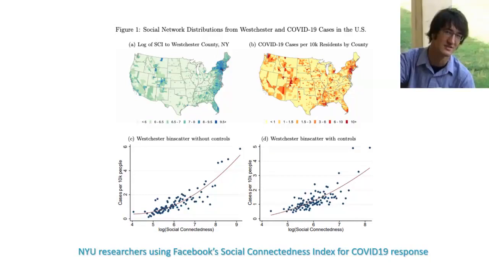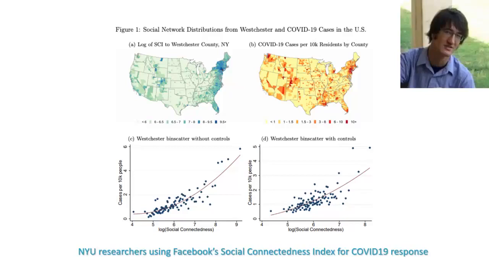And what this data has shown, here I'm borrowing a graphic from Johannes Strobel's research out of NYU, is that the social connectedness index data shows areas with stronger social ties to two early COVID-19 hotspots, specifically Westchester County in New York and Lodi Province in Italy, generally have more confirmed COVID-19 cases as of March 30th, 2020.